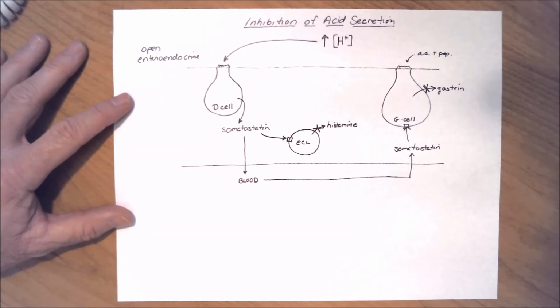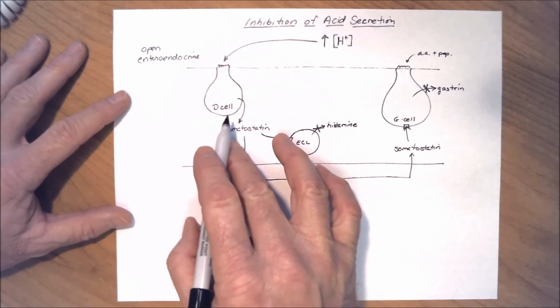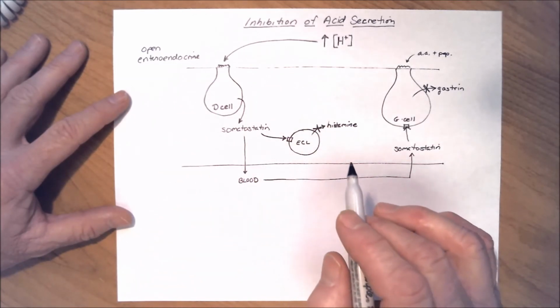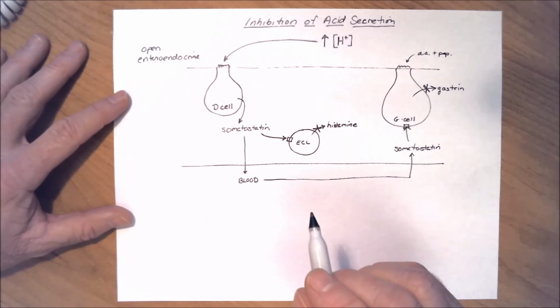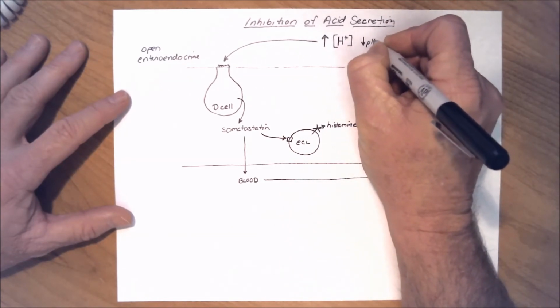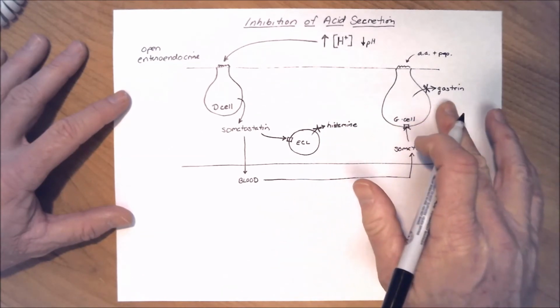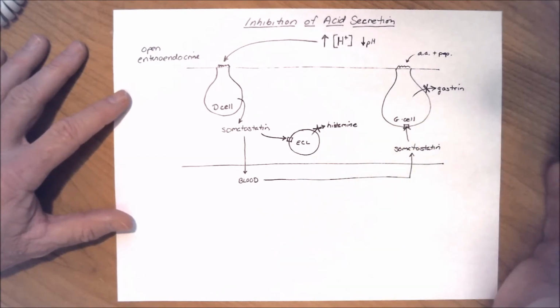Once we have this inhibition, all due to somatostatin secretion from D cells sensing high concentrations of protons, which equates to a low pH in the lumen of the stomach, now the histamine and gastrin are no longer available.